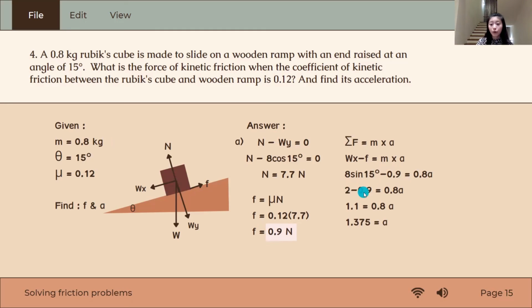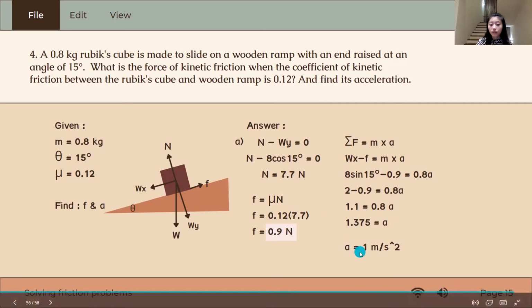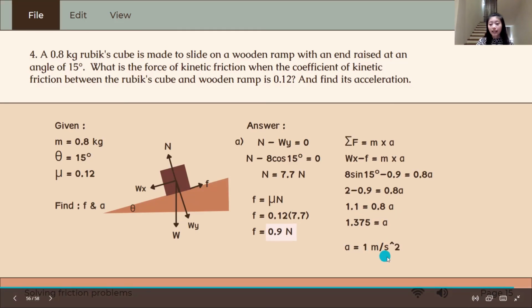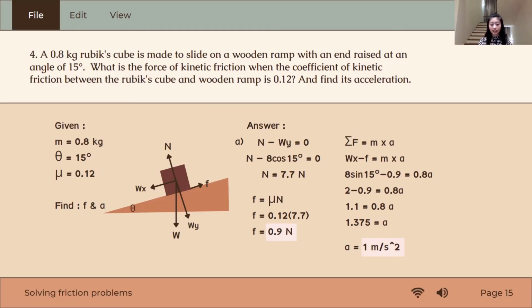So 2 minus 0.9 is 1.1, equals 0.8 A. And if we divide it, A is equal to 1.375, but we can simply round it off, so A equals 1 meter per second squared. And this is our final answer.